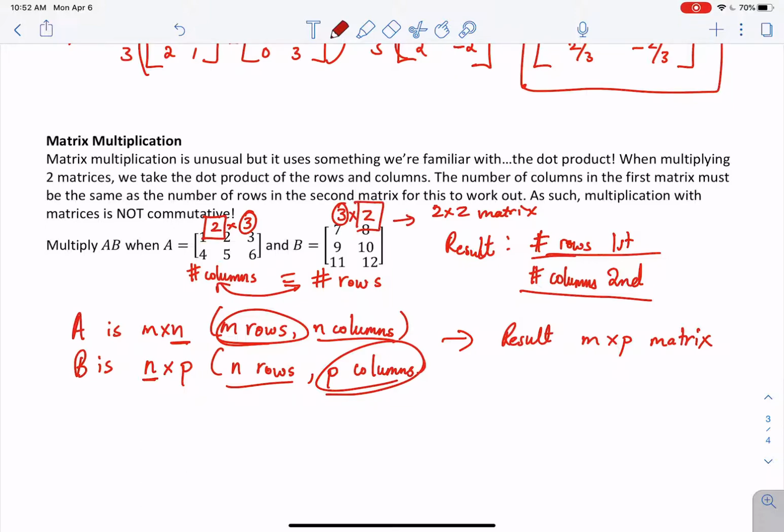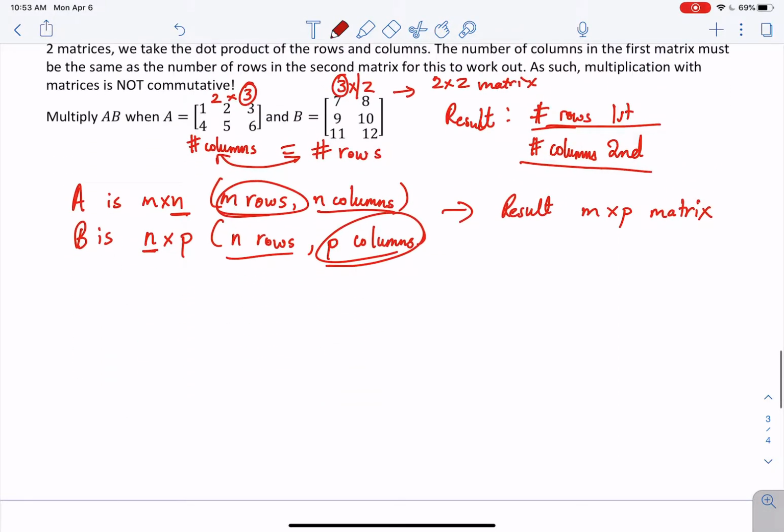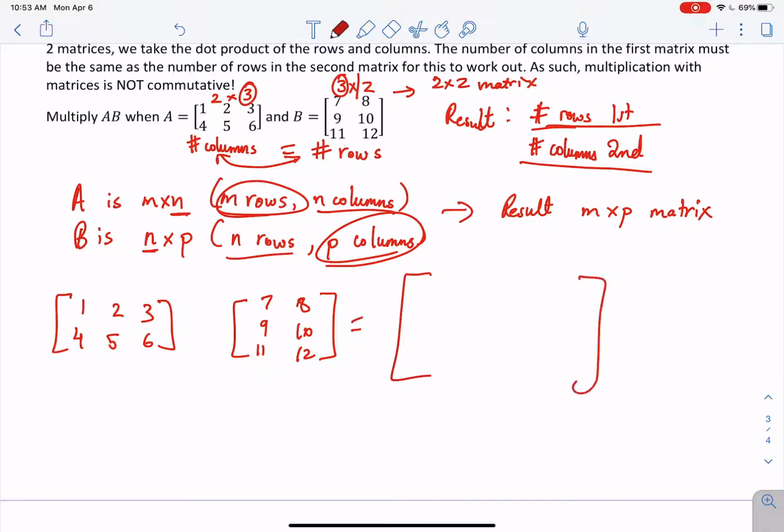So let's look at how to multiply. To multiply these, we're going to do some dot producting. Let me rewrite this down here: 1, 2, 3, 4, 5, 6, and 7, 8, 9, 10, 11, 12. Okay, so multiplying these two matrices, we have a 2 by 2 matrix we're going to get out of it. So we need to figure out what goes in these 4 spots.